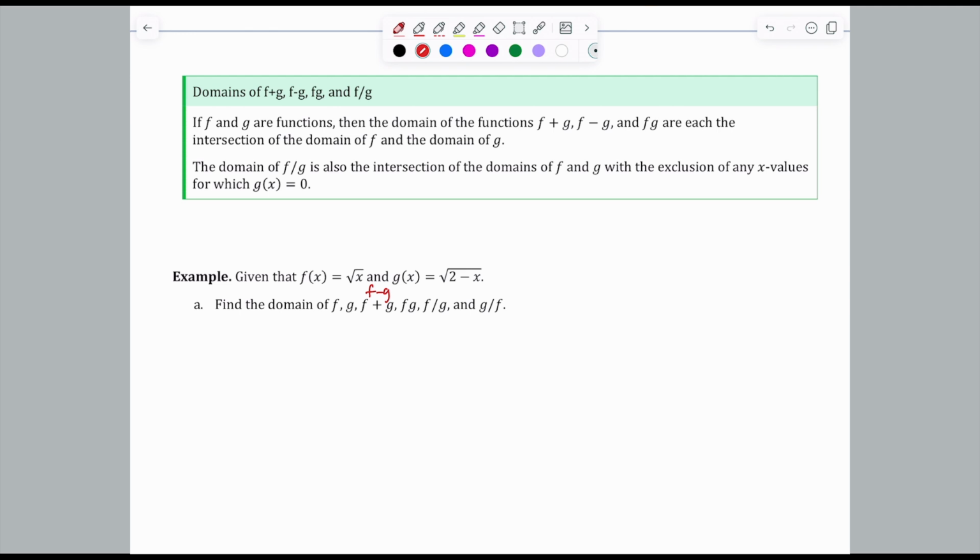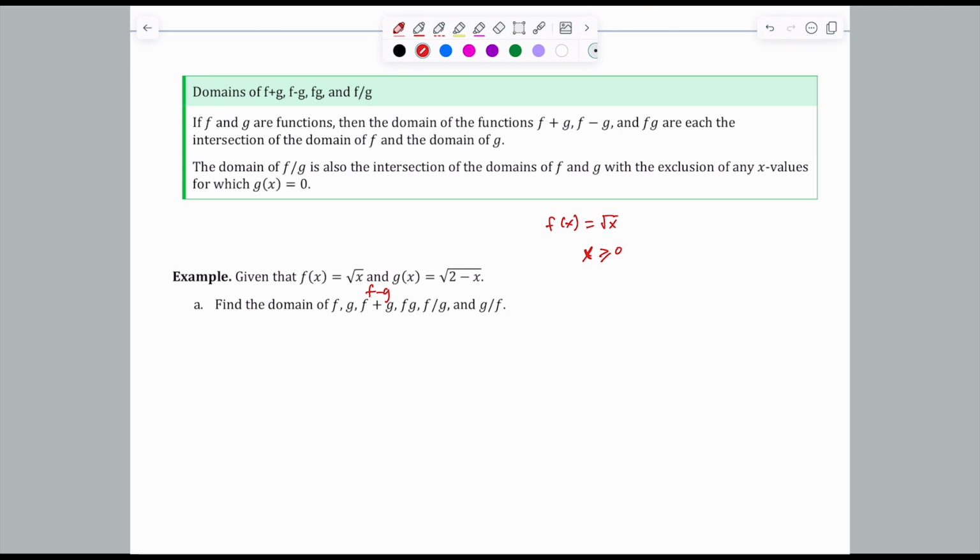All right, so to do that, well, what is f? f is equal to the square root of x. And we know that we need the radicand, which is just x, to be greater than or equal to 0. And so that is telling us the restriction on x.